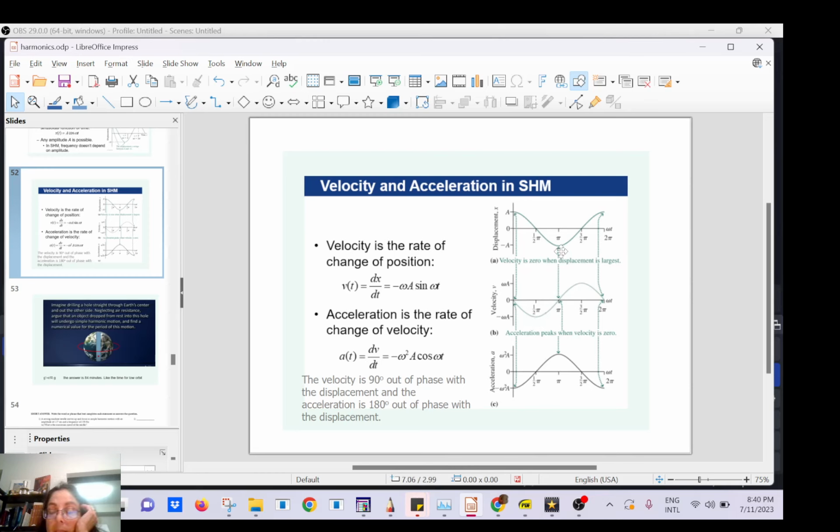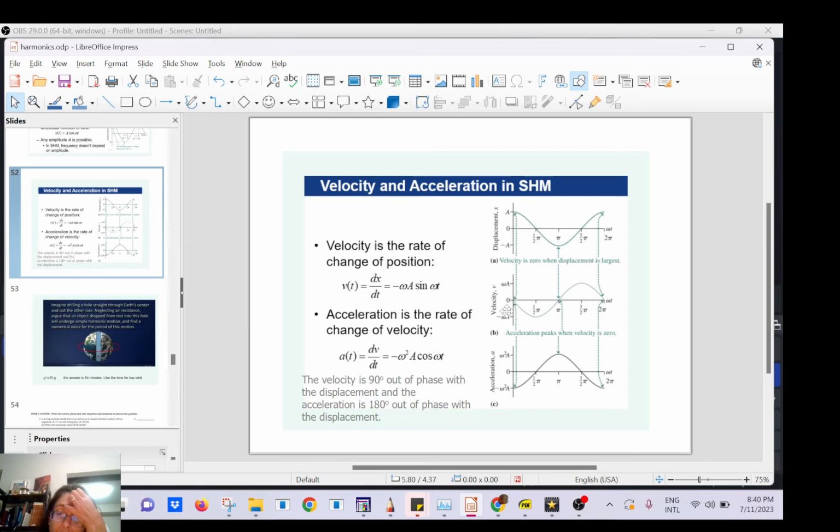Here again, the displacement is maximum in magnitude, but the slope equals 0, so the velocity equals 0. Here the slope is maximum and positive, so you have a positive, maximum velocity. So those two are 90 degrees out of phase.